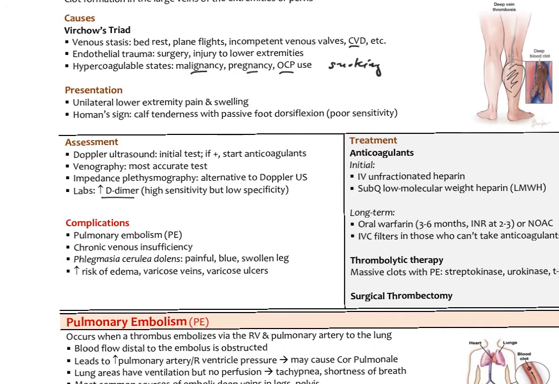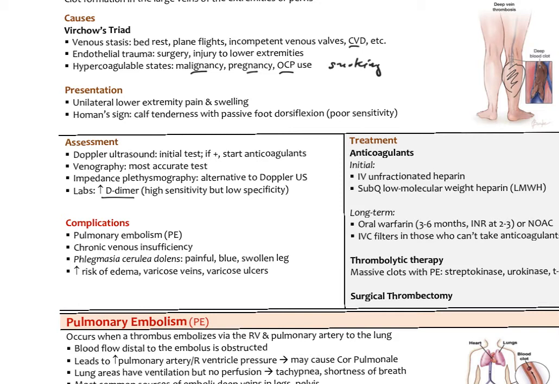The complications would be, of course, pulmonary embolism, where an embolus breaks off, travels to the right side of the heart, right ventricle, and then gets trapped somewhere in the lungs. And I'll talk about PE here in more detail in just a second. It can cause chronic venous insufficiency. It can cause a painful blue swollen leg, and that's called phlegmasia cerulea dolens.